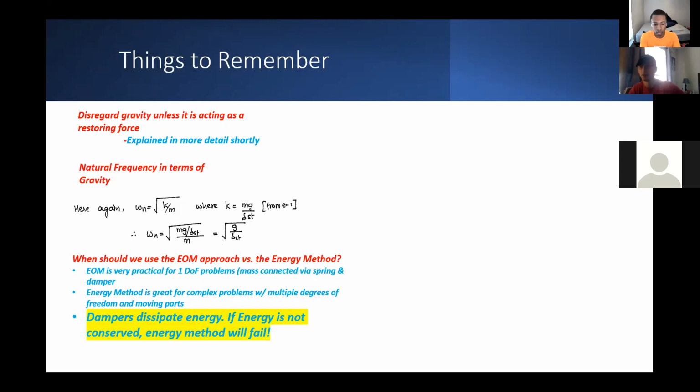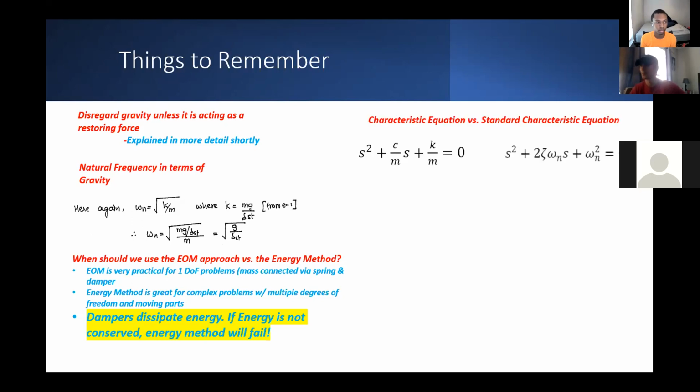Energy method is great for the more complex problems when you have multiple masses and multiple moving parts. But if you see a damper, they dissipate energy and energy is not conserved. Therefore, you cannot use the energy method. And we'll see an example of this later.